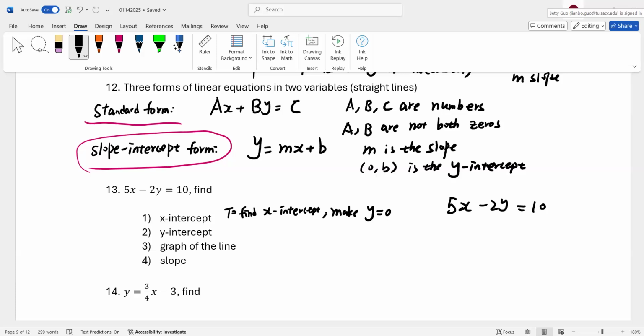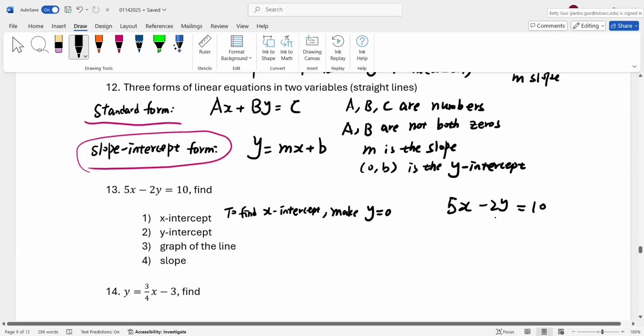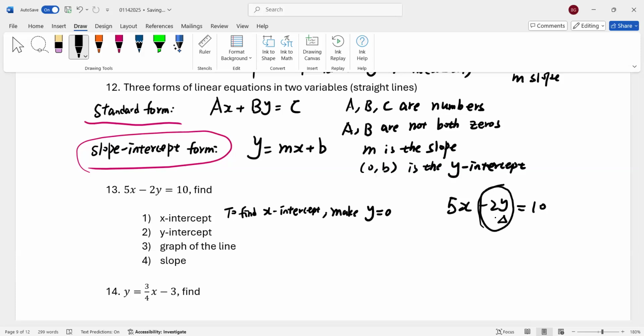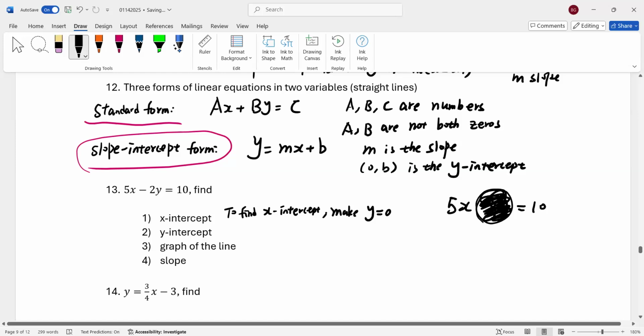To find the x-intercept, make y be 0. Does that mean this part is going to disappear? You agree? This part is going to disappear, right? Because you make y be 0, and that part disappears. And then what do you have now? You have 5x equals 10.